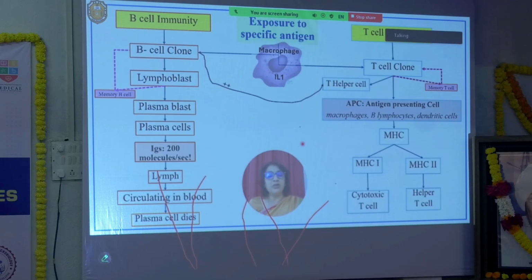The details of how this happens is beyond the scope of this lecture. The B lymphocytes have greater diversity of response than T lymphocytes, and they form millions and millions of varieties of antibodies with different specific reactivities.